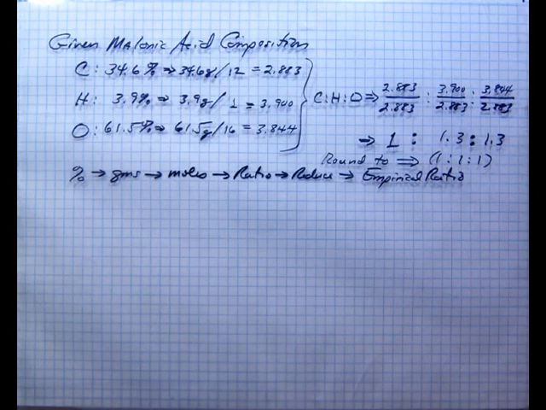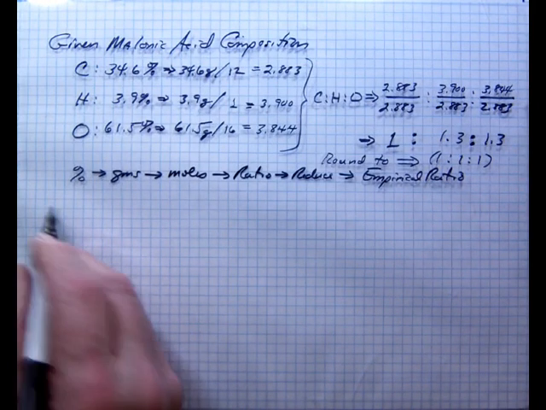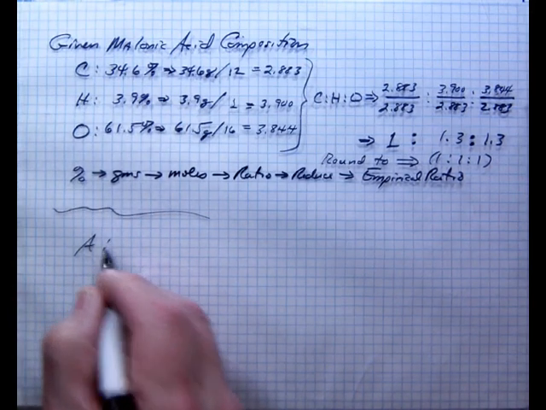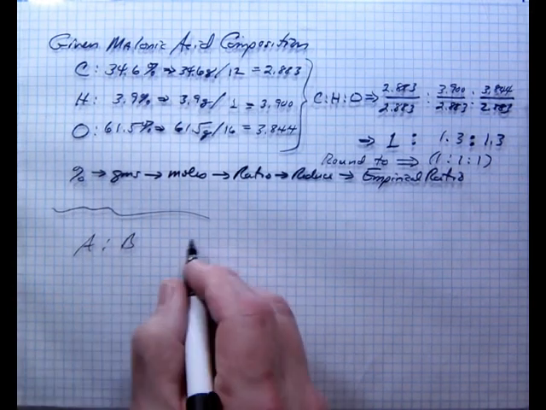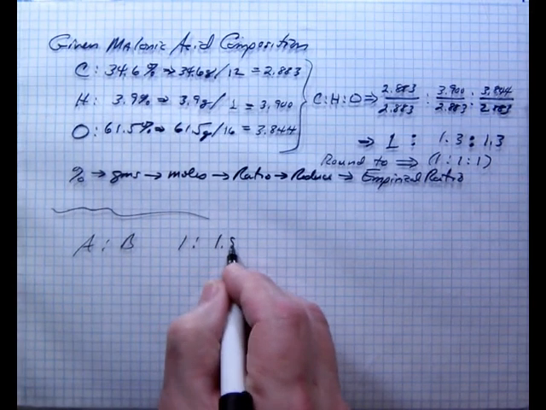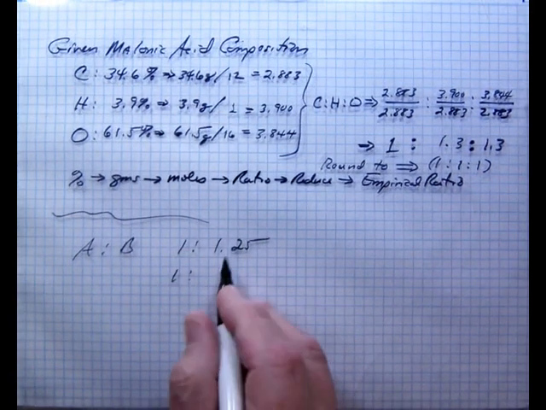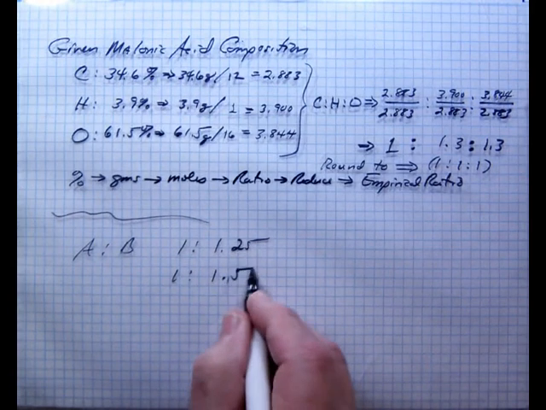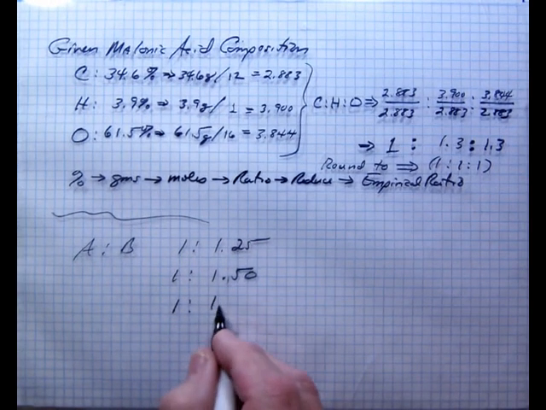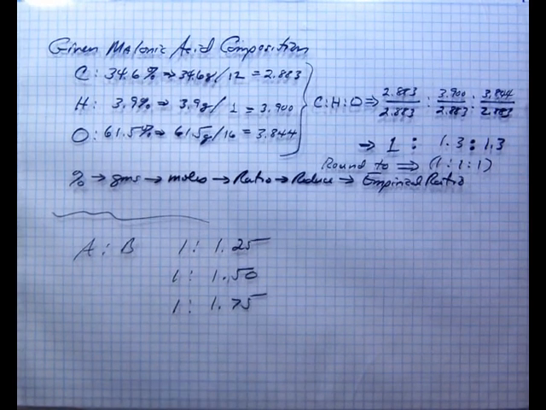Now, at this point, you round it to the nearest whole number. Now, there's a twist in calculating these. You might get a problem that will have A to B with a ratio of 1 to 1.25, or 1 to 1.50, or 1 to 1.75.